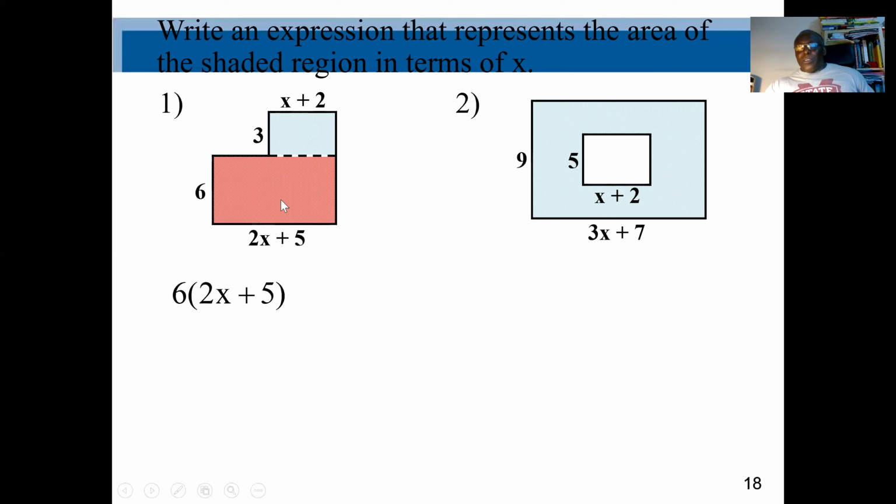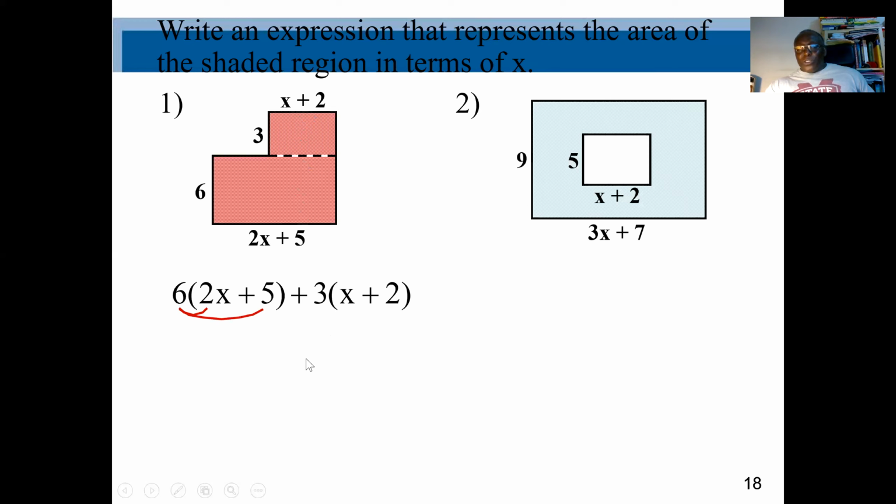This is a rectangle. The area of a rectangle is again multiplying the two sides, the length and the width. So 6 by 2x plus 5. Then the second is also the same: 3 times x plus 2. We have two areas, so we add them together.